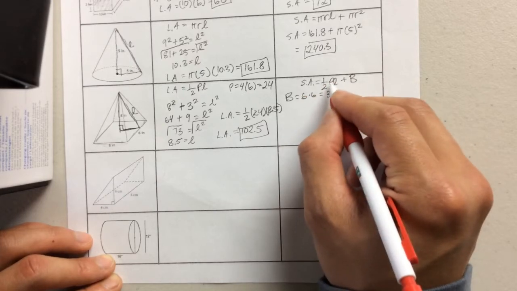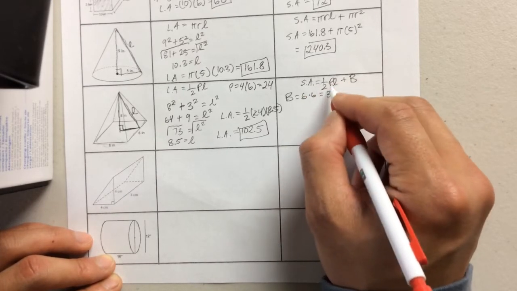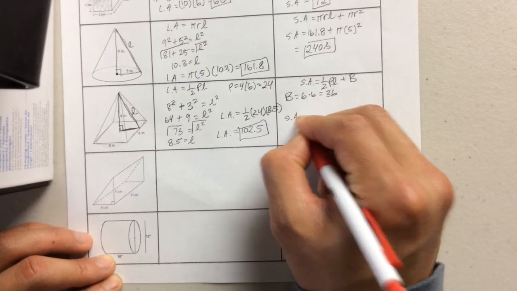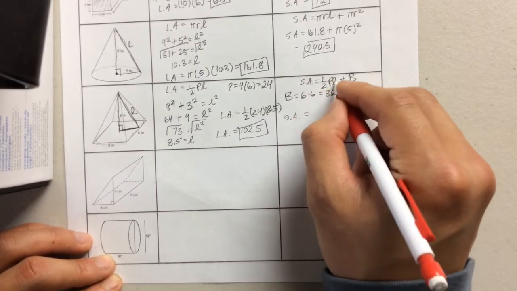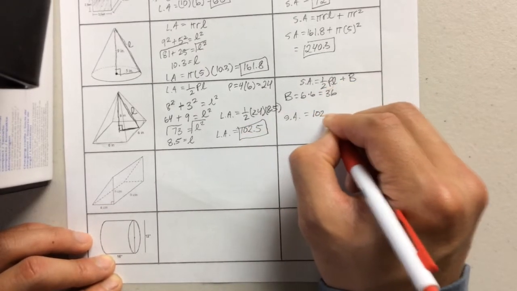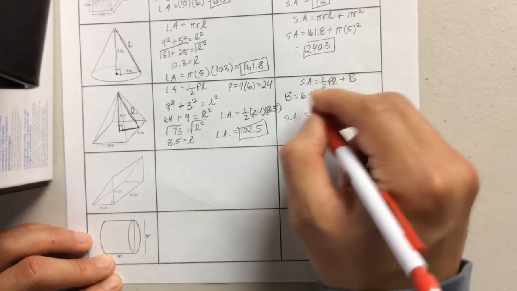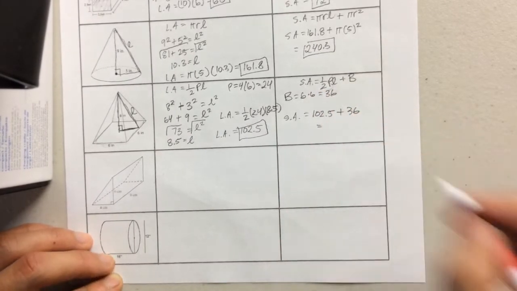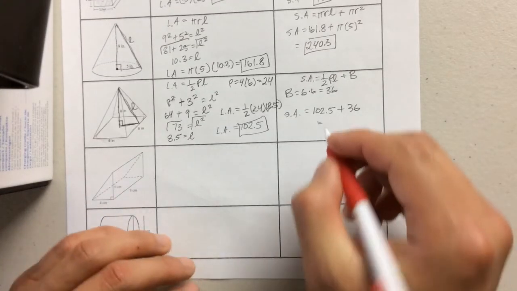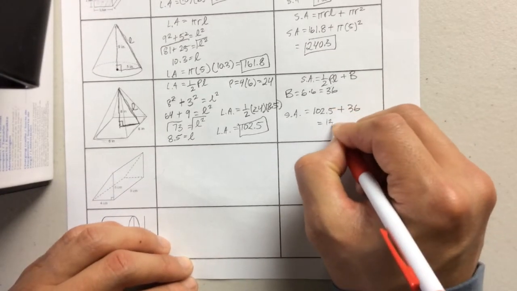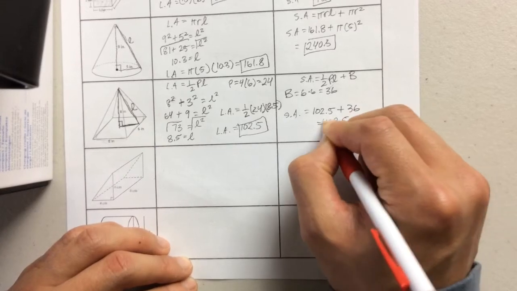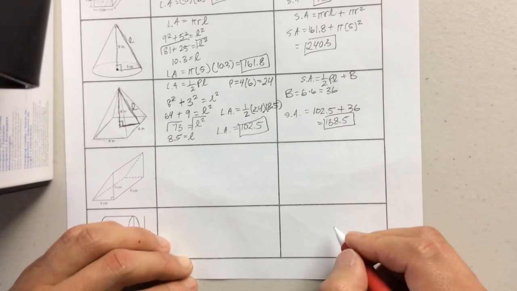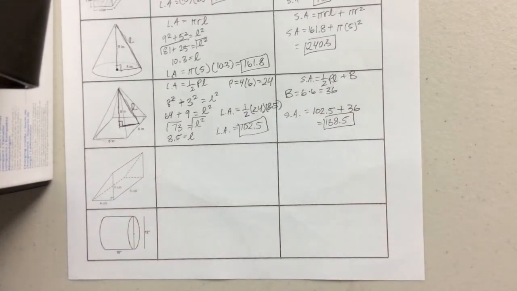We already found the lateral area, right? 1/2 times P times L is 102.5. Now we just add 36. And when you add these two numbers together, you should get that the total surface area of this pyramid is 138.5.